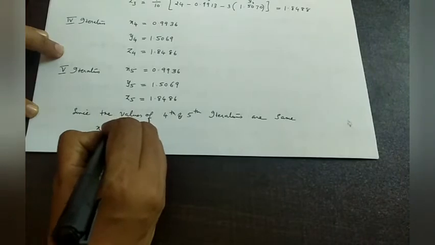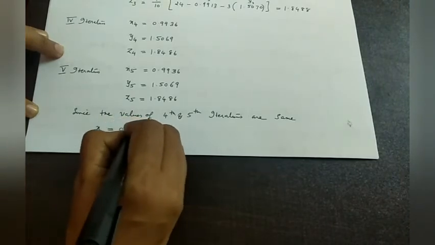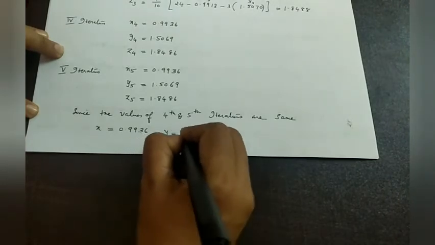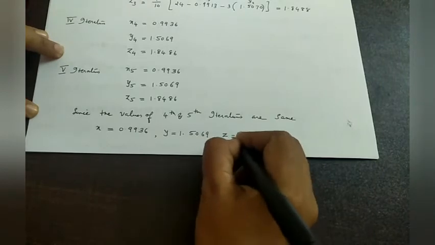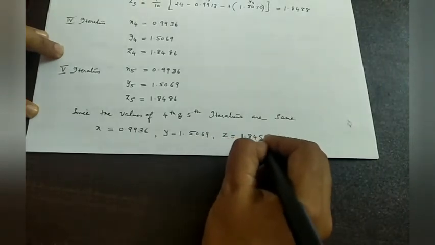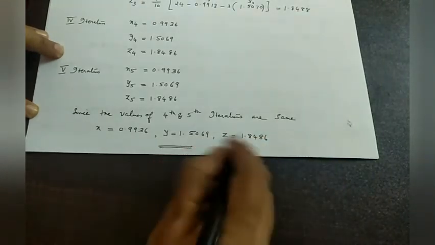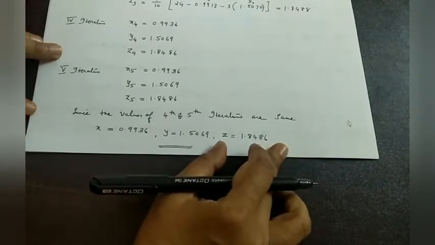We can define x as 0.9936, the value of y as 1.5069 and the value of z as 1.8486. Therefore, we have to proceed until we get an accurate value like this.